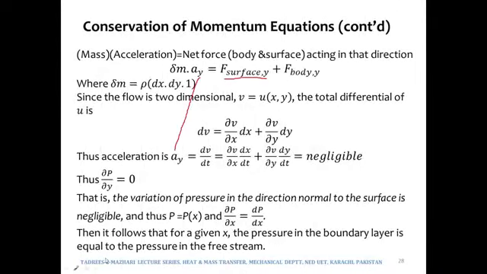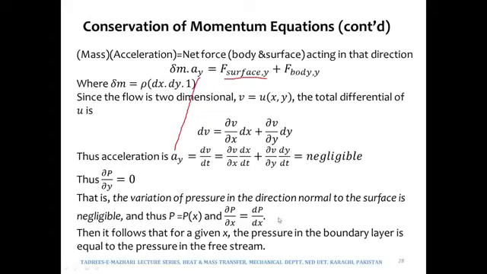Just one last line which was written over here at the bottom. It follows that for a given x, the pressure inside the boundary layer would be the same as the pressure in the free stream. Why? Because if the pressure is not changing in y, as written over here, dou P by dou y is 0, it means that if we move in y direction, the pressure will not change.